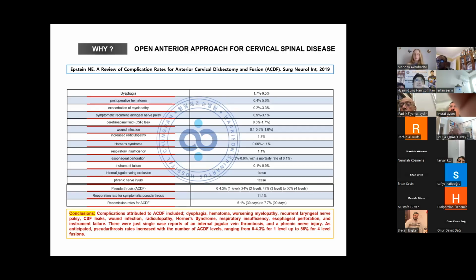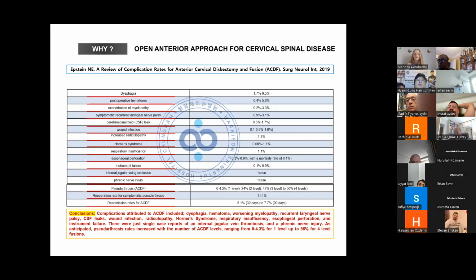Many complications happen, and therefore I think that with the recent development of endoscopic spine surgery, if we meet a patient with a problem, we should treat the patient as soon as possible, not only with non-operative management but also with operative management like endoscopic spine surgery.